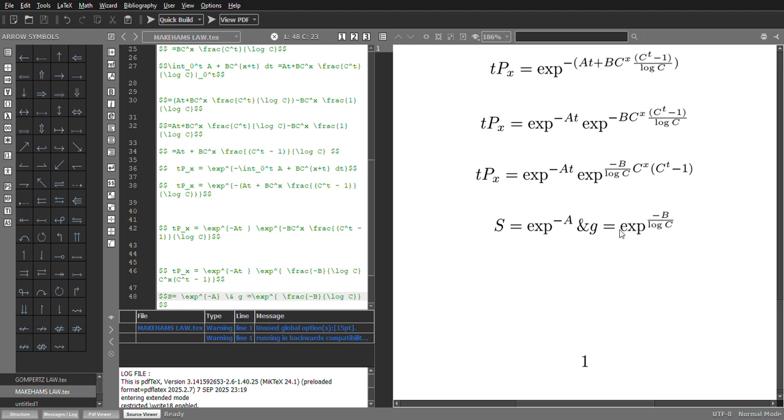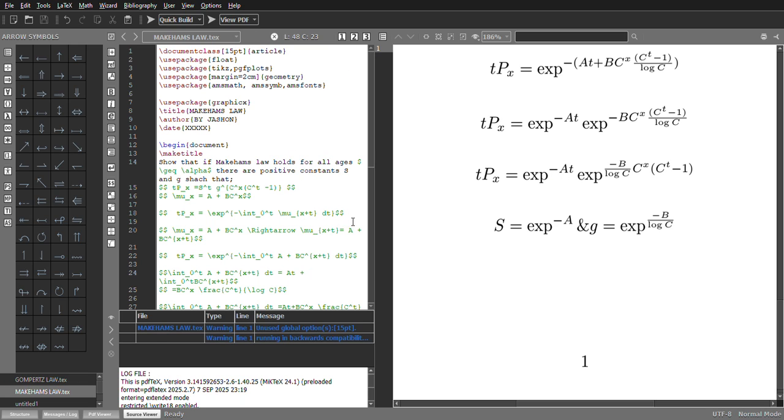So what is remaining is to substitute G here. G will replace this part, the whole of this part, and S will replace the whole of that part to give us what we have here.